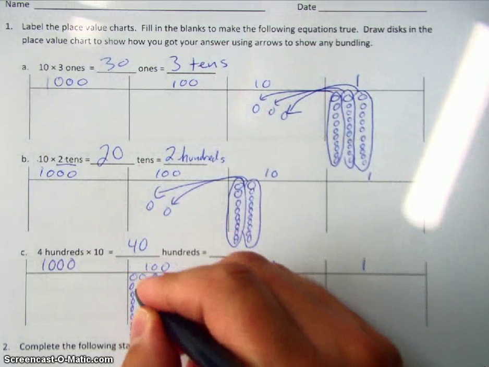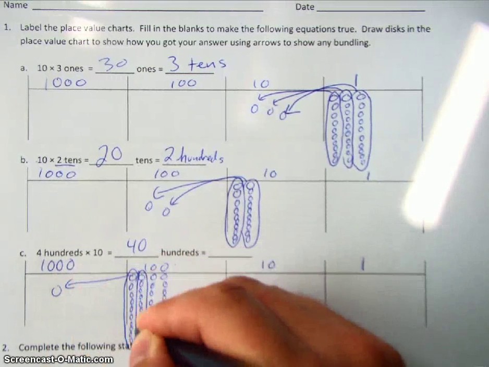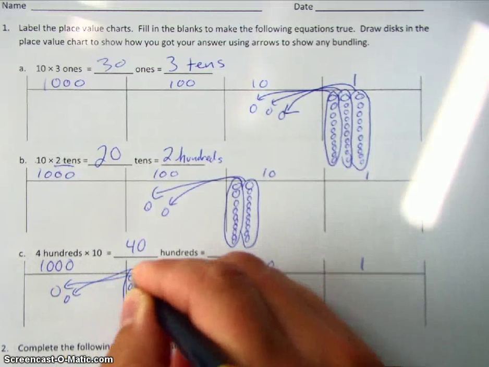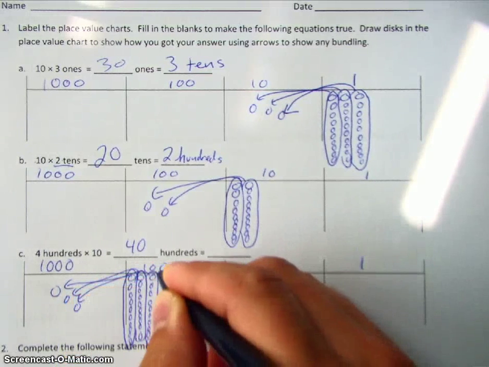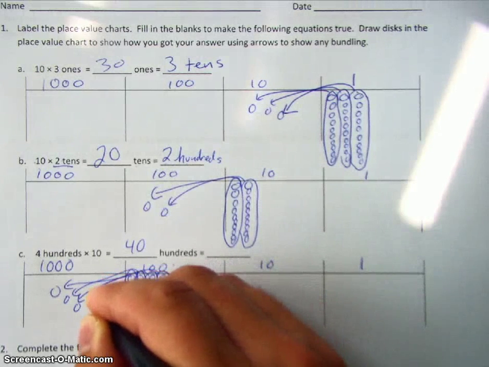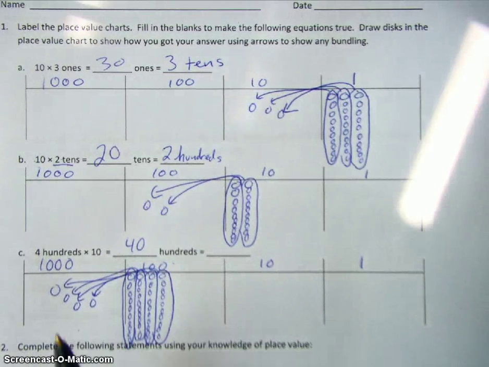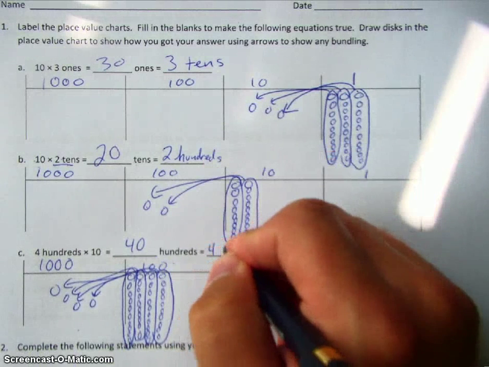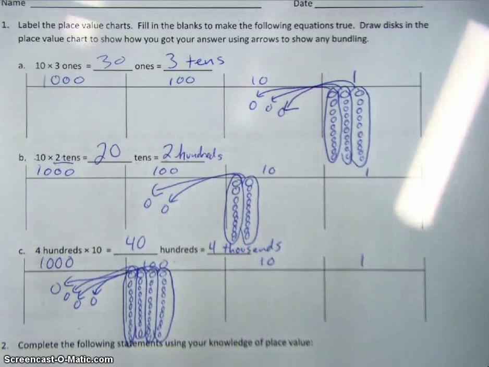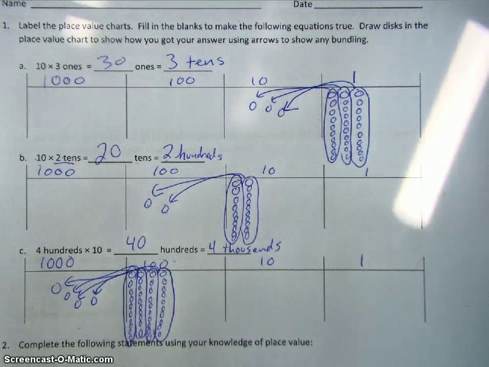But we need to bundle up our groups of 10. Bring those over to create our 4 thousands. So you can see now that 4 hundreds times 10 gets us 40 hundreds, which then gets bundled up to create 4 thousands.